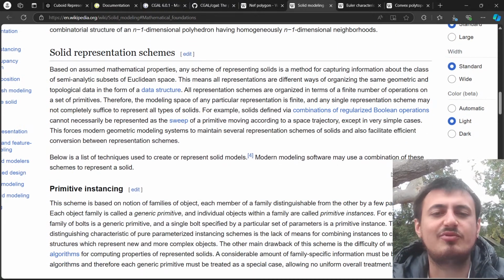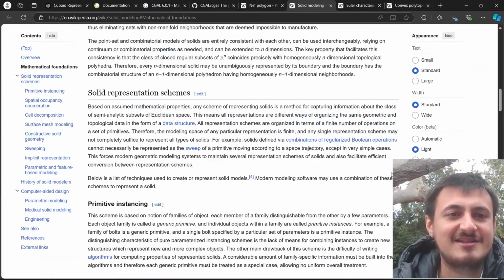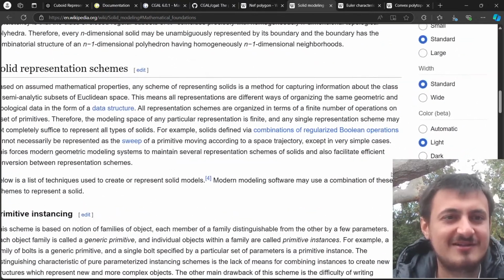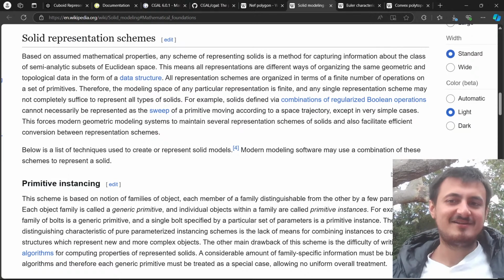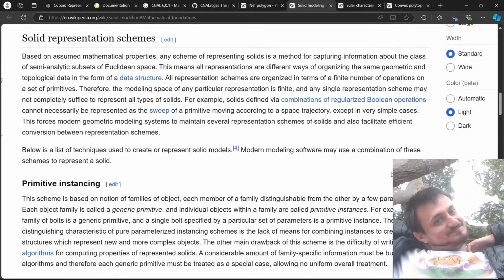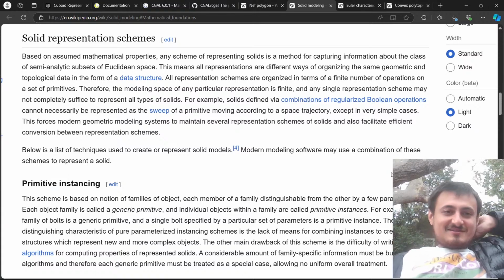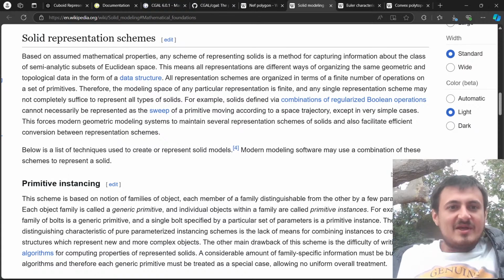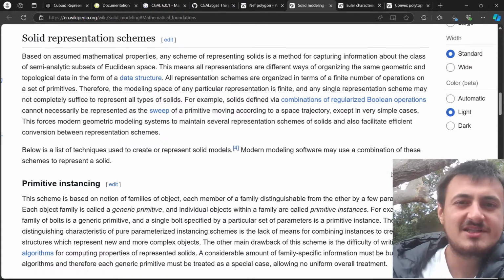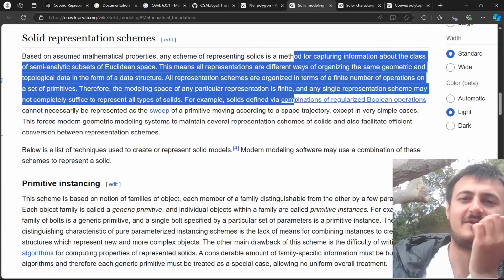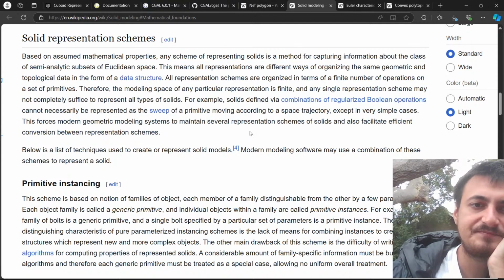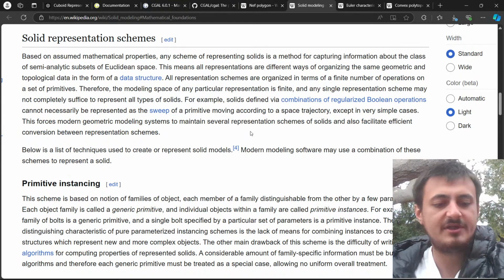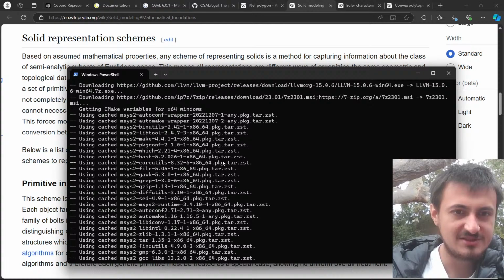Wow, this is a surprisingly advanced Wikipedia article. I was not expecting solid modeling to have such a... based on assumed mathematical properties, any schema representing solids is a method for capturing information about the class of semi-analytic subsets of Euclidean space. Okay, are we done, bro? Jesus.